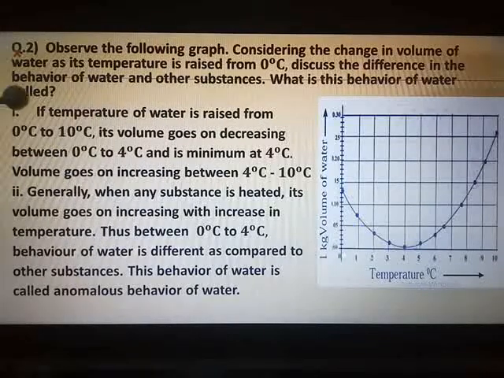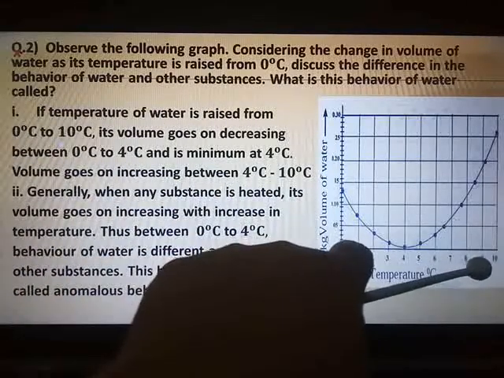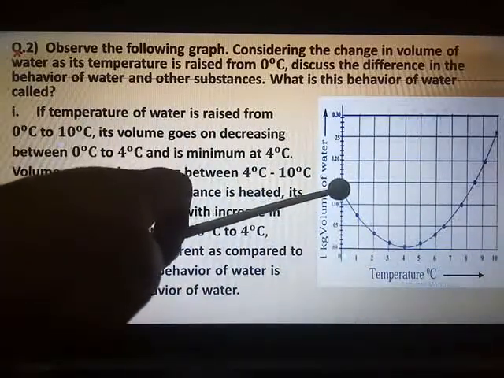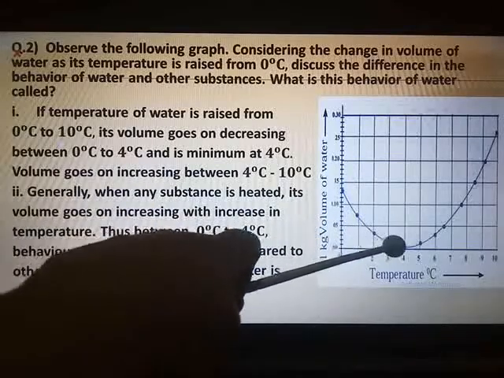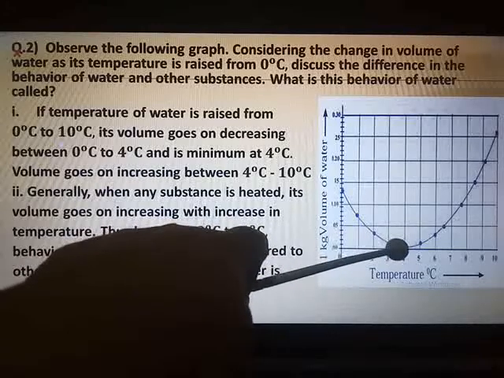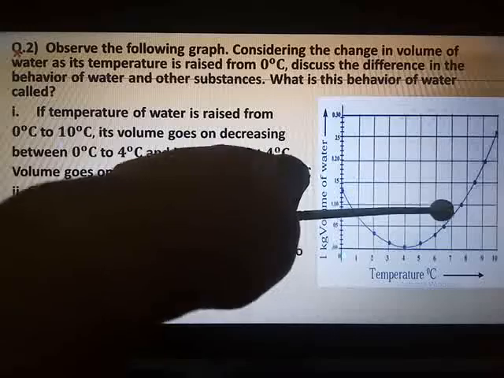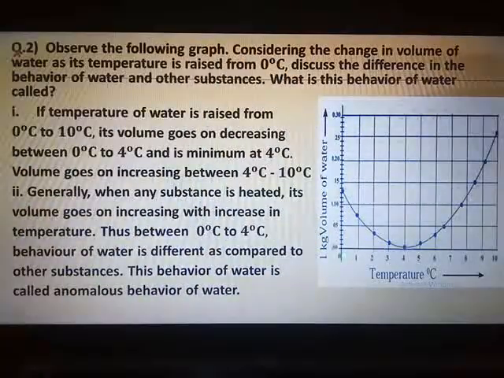So that will be your point number 1. If the temperature of water is raised from 0 degrees Celsius to 10 degrees Celsius, volume goes on decreasing between 0 degree and 4 degree and is minimum at 4 degrees Celsius. What do you see here? Volume goes on increasing between 4 degree and 10 degrees Celsius.